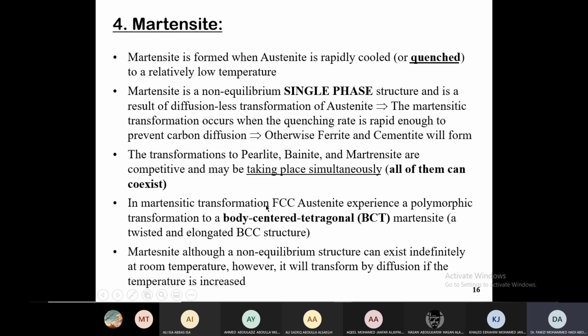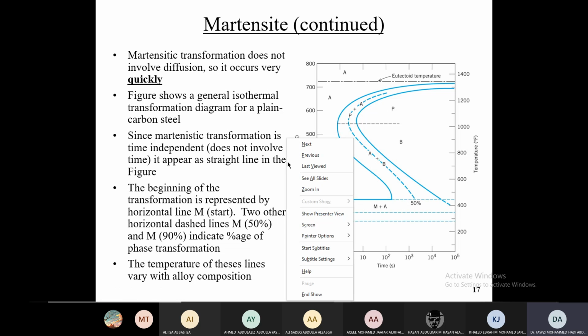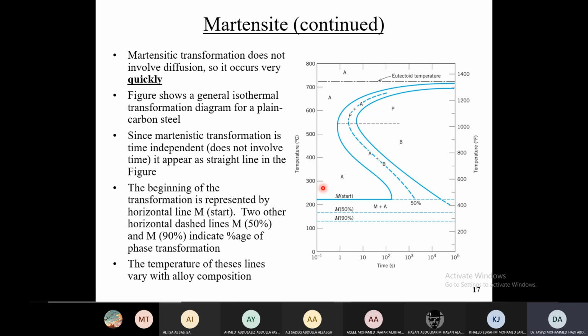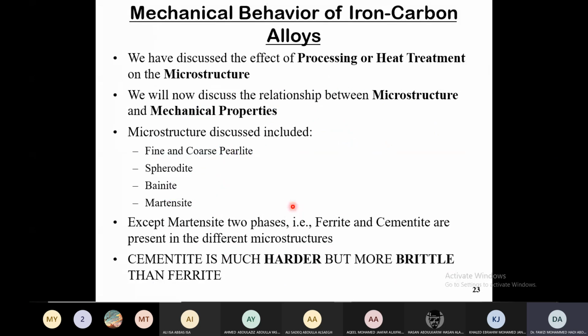So if you quench it very fast from the stable austenite zone, very fast down below 215 degrees centigrade, what is going to happen is that the atoms in the FCC crystal structure change inevitably from the FCC crystal structure in the austenite zone to a BCC crystal structure at room temperature, and this is seen also in the phase diagram.